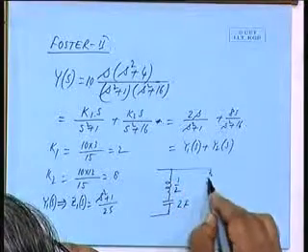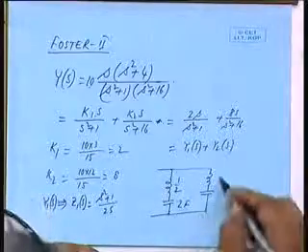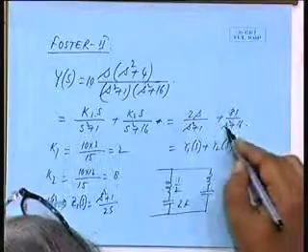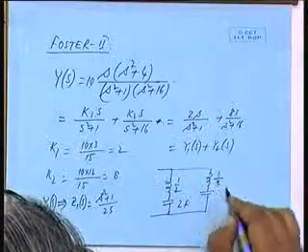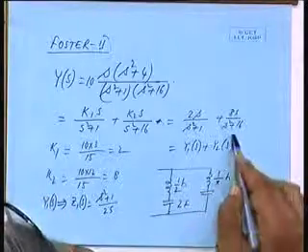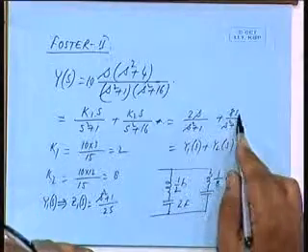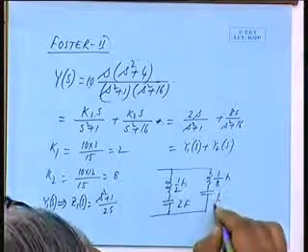Another combination, y2s: how much will be the element values of y2s? Invert it, s square plus 16 by 8s, that is s by 8, 1 by 8 Henry, and 16 by 8s, so 2 by s, that will give me half a farad. Parallel combination of RL elements.